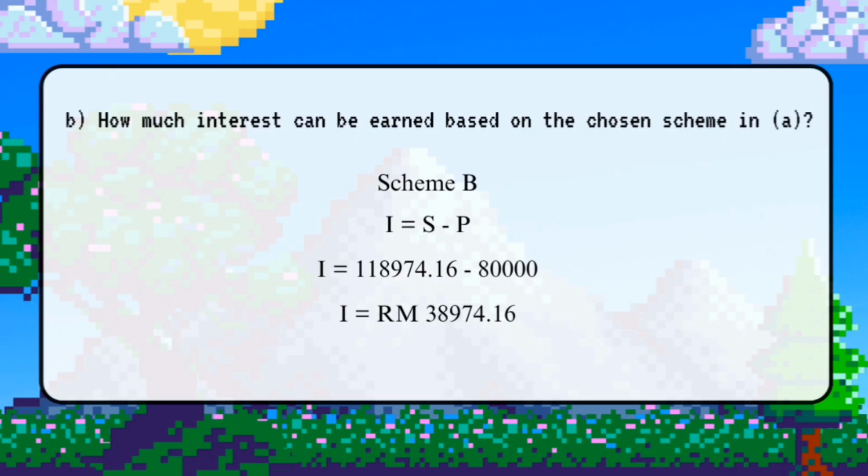Following the interest formula of I equals S minus P, take 118,974 ringgit and 16 cents minus 80,000 ringgit. The interest earned will be 38,974 ringgit and 16 cents.